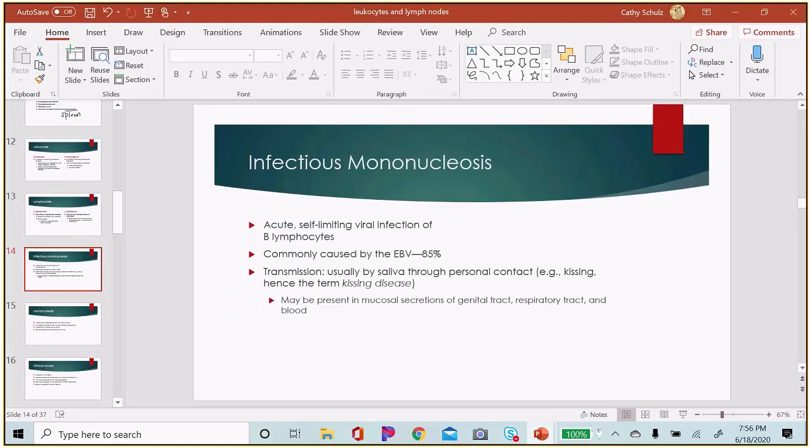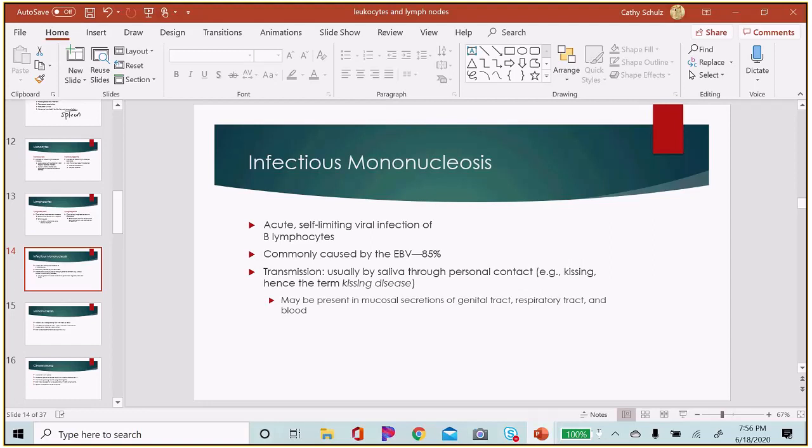Okay, so we left off about to talk about infectious mononucleosis. This is a type of viral infection that is specifically infecting B cell lymphocytes. The agent is transmitted through saliva. So it's personal contact, sharing secretions in some way, kissing, hence the name kissing disease, but it could be from sharing cups or any way that you share saliva or mucosal secretions.